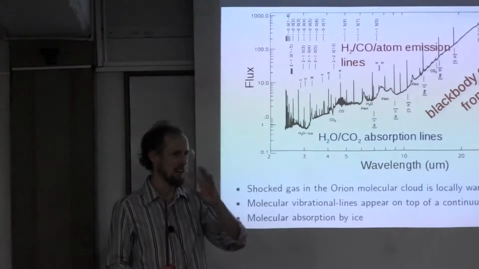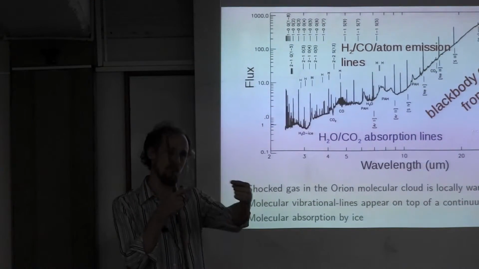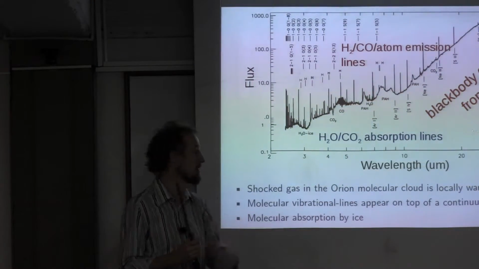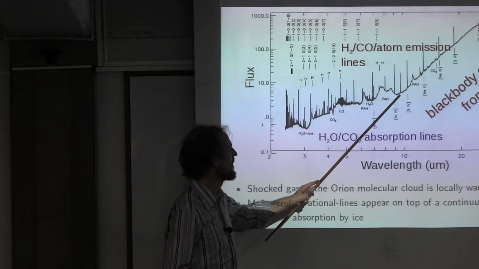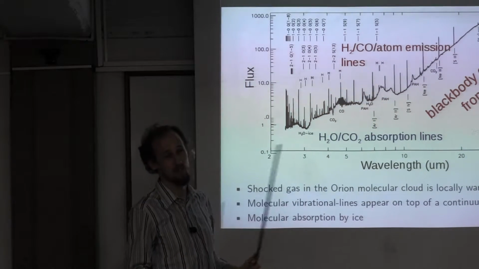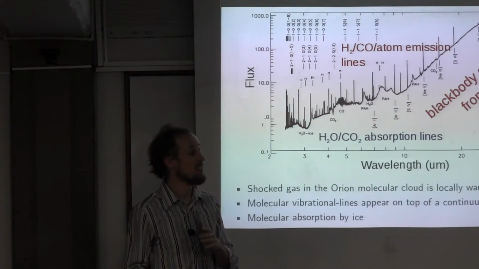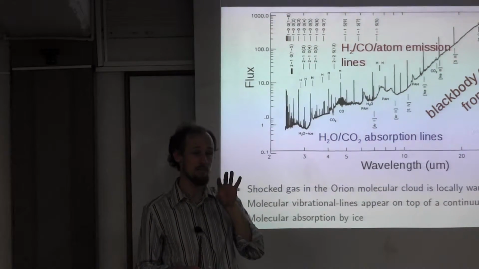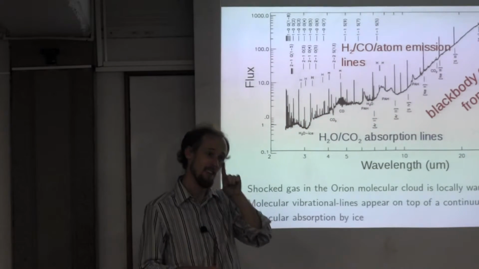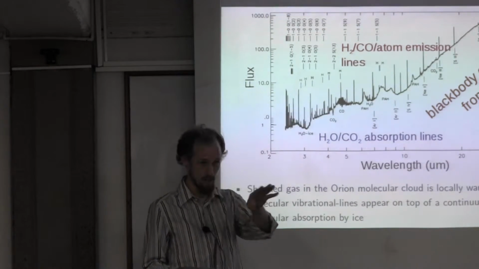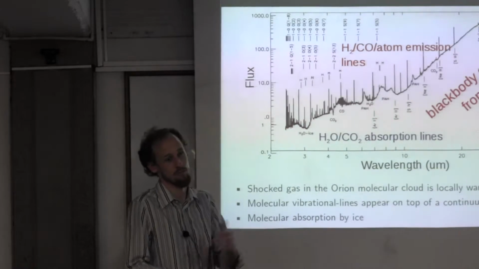So you actually have a complicated structure of black bodies you're looking at, but you don't need to, because these lines are very narrow. You just draw a line under the line. If you want to measure how strong the line is, you just subtract everything else. So in general, the way to measure the line strength is to just subtract a continuum, without a black body model. That's best.